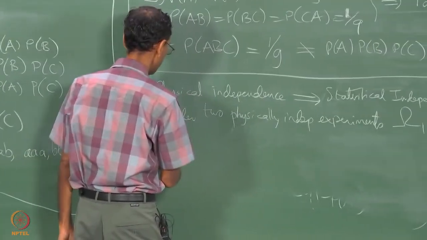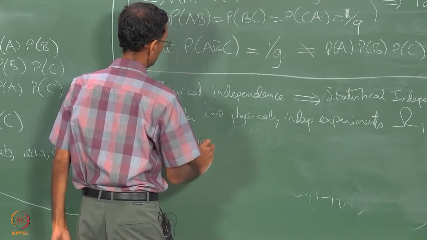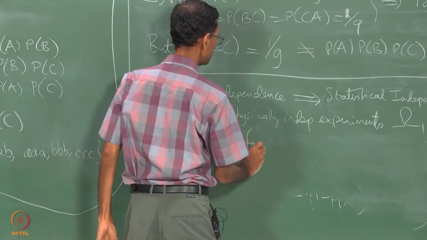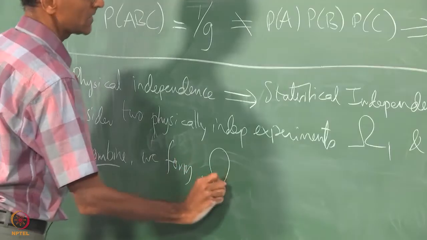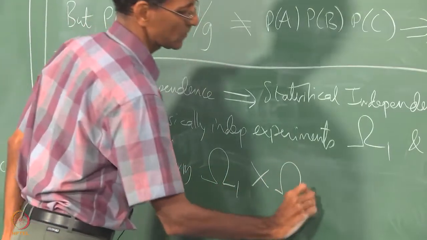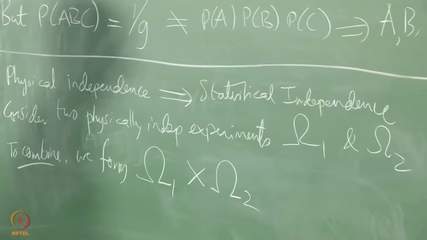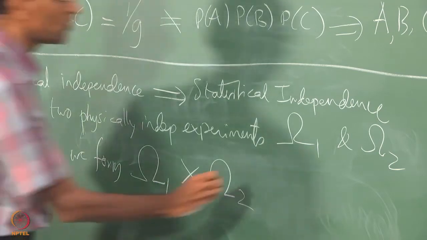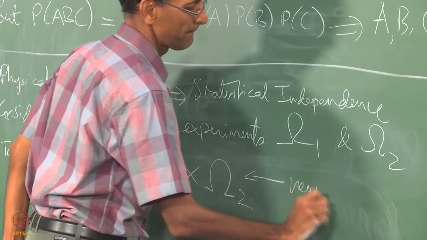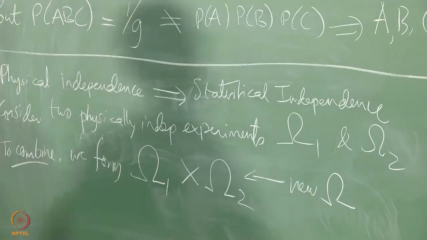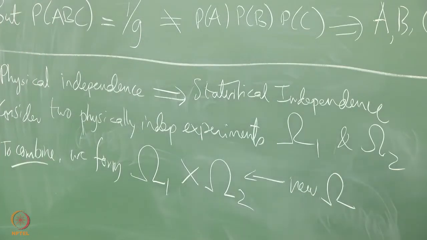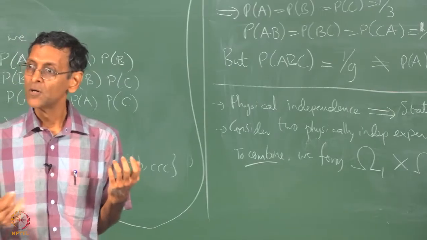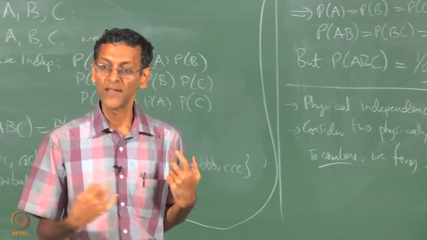So to combine them we form this Cartesian product, omega 1 cross omega 2. What is the meaning of this Cartesian product? It consists of all ordered pairs. So this will be our new omega, where this capital omega has all the ordered pairs of omega 1 and omega 2.